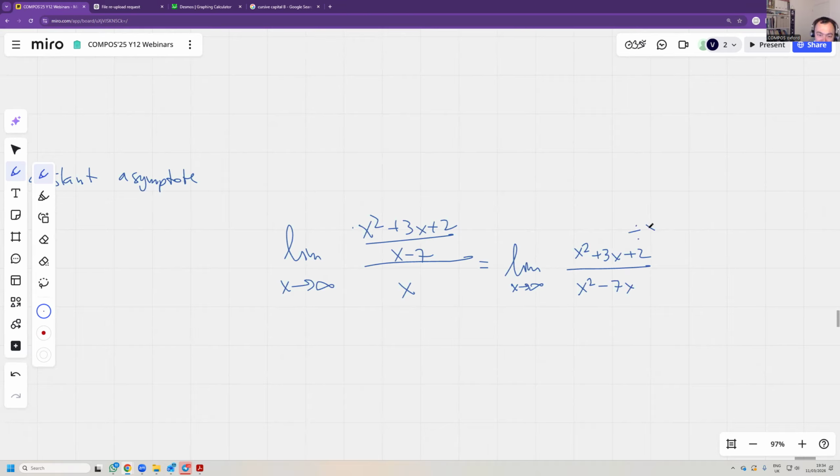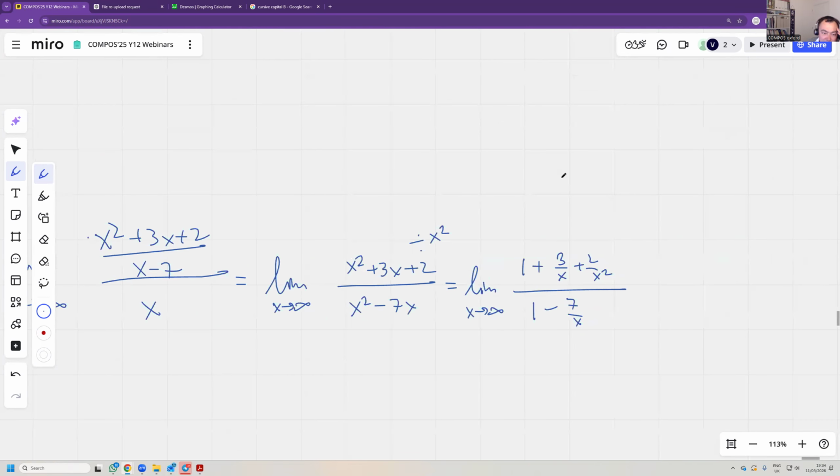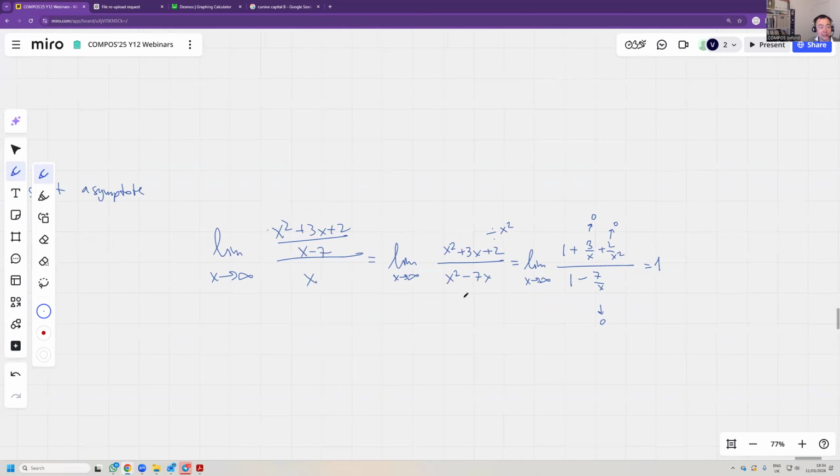Divide top and bottom by x squared, and that's the limit as x tends to infinity of 1 plus 3 over x plus 2 over x squared, over 1 minus 7 over x. And you can see that this tends to 0, this tends to 0, and this tends to 0, so the limit is 1. And m is in fact 1.